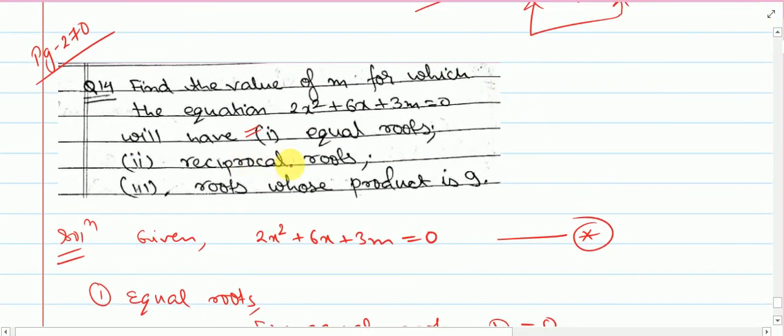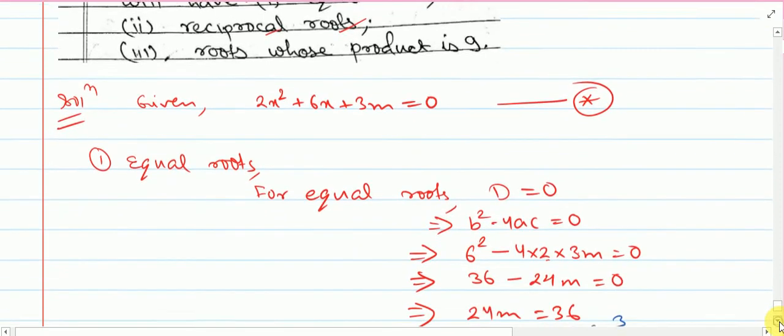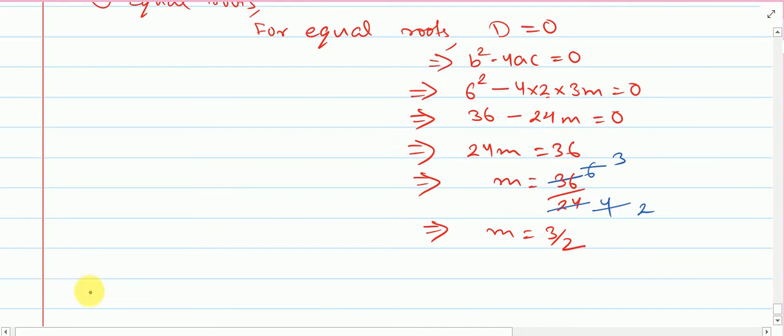Next, we have to find the value of m for which this quadratic equation will have reciprocal roots. Means if one is alpha, then the other will be 1 by alpha. So number 2, roots are reciprocal of each other.